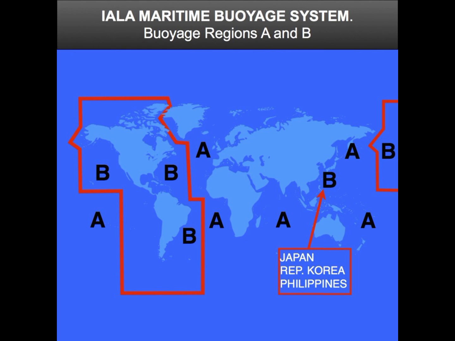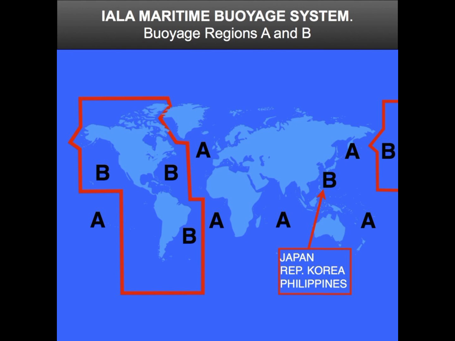The IALA buoyage system is a global standard for sea marks that help guide ships. The system uses buoys, beacons, and other marks to indicate safe water, channels, and hazards. How it works: buoys are used to mark channels, headlands, reefs, and other hazards.